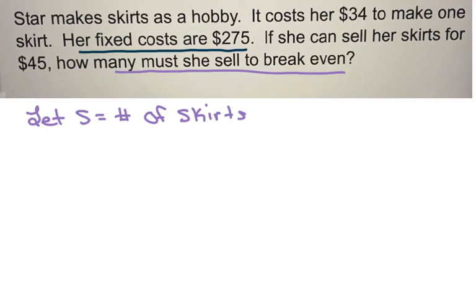Her fixed costs are $275. So think of fixed costs as like her having to buy the sewing machine, thread, anything like that. And we want to know when she's going to break even. So that means we want to know when her total is going to be 0.